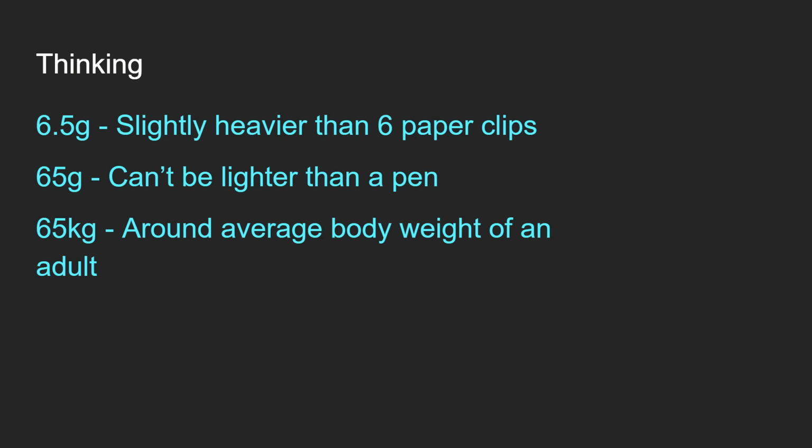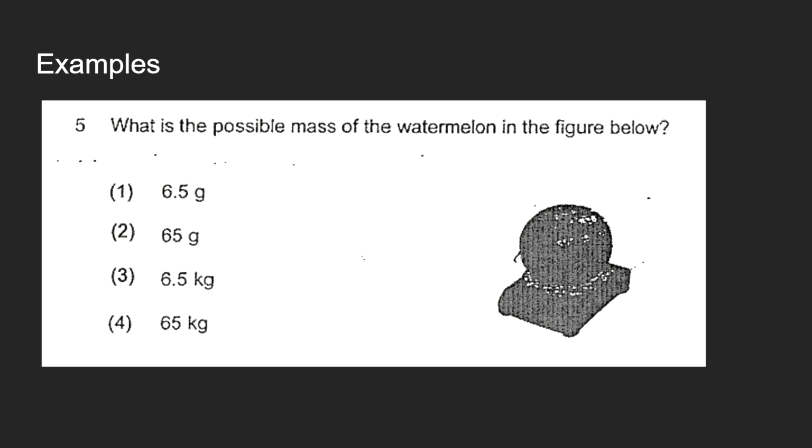And lastly, our option for the most extreme value, 65 kg, is around the average body weight of an adult, which leaves this answer impossible. So with that, we have our possible mass, which is 6.5 kg.